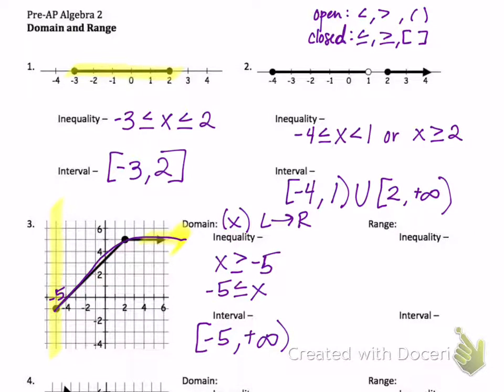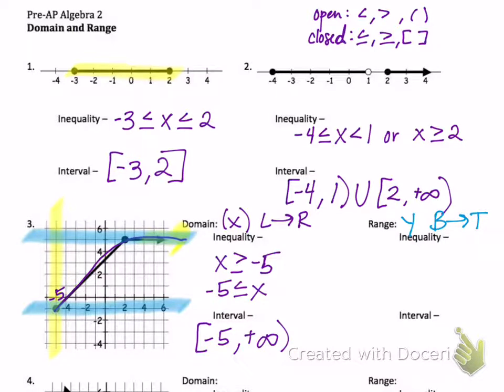So then for range, I do the same thing. I'm going to use a different color highlighter. And I'm going to draw from bottom to top. So I highlight the bottom, and then I highlight the top. So my y is defined from bottom to top. And what y value does my graph start at?